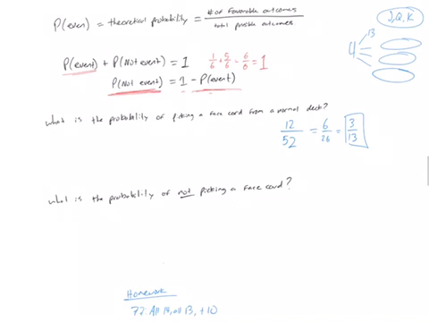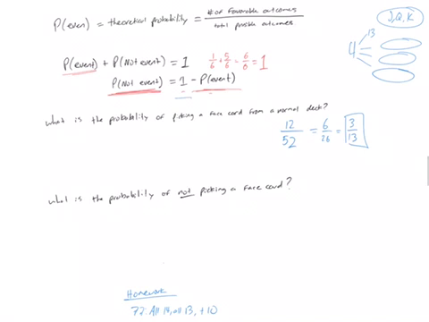So what's the probability of not picking a face card? Well, we could go through and start counting all the cards that were not face cards. So we'd say, oh, there's 4 aces, so add those 4, and there's 4 2s plus those 4, and there's 4 3s, and 4 4s, and 4 5s, and we can go through and add up all those. However, since we just talked about these things, we know the probability of picking a face card is 3 out of 13.